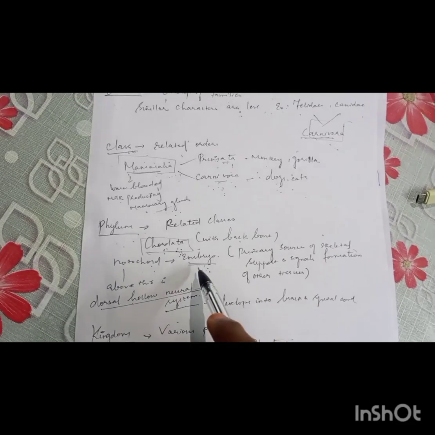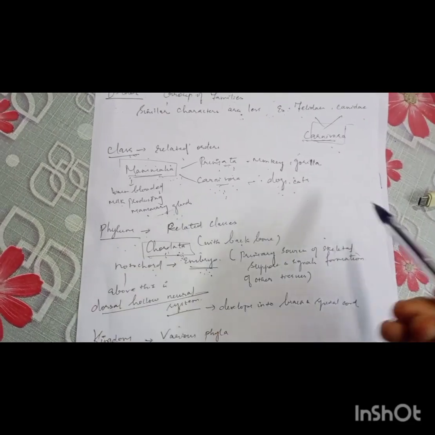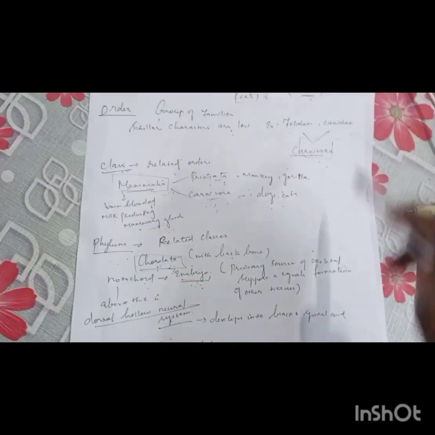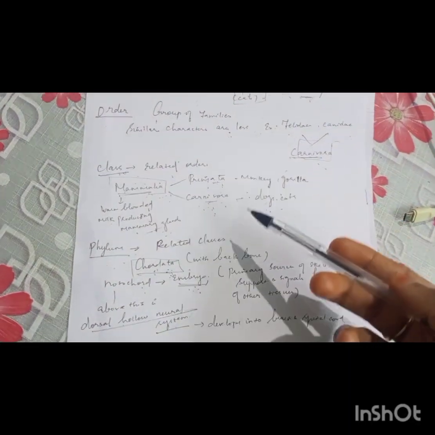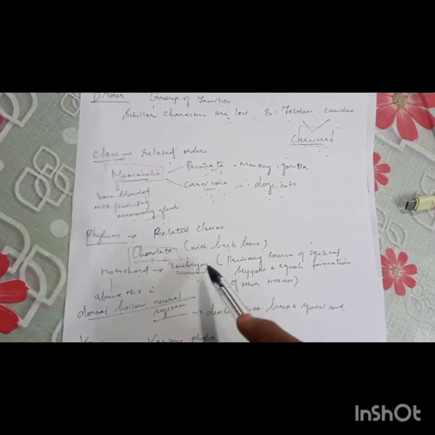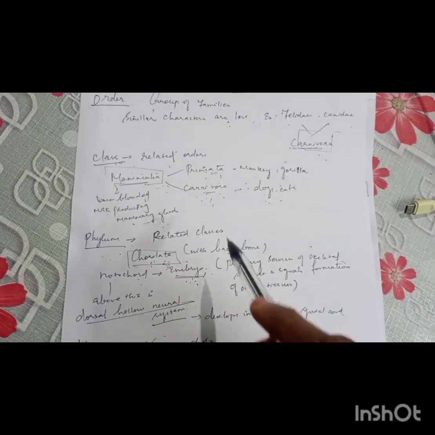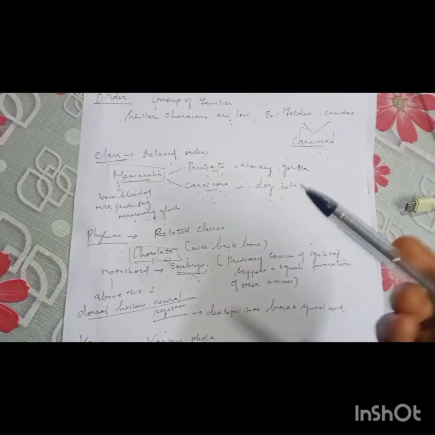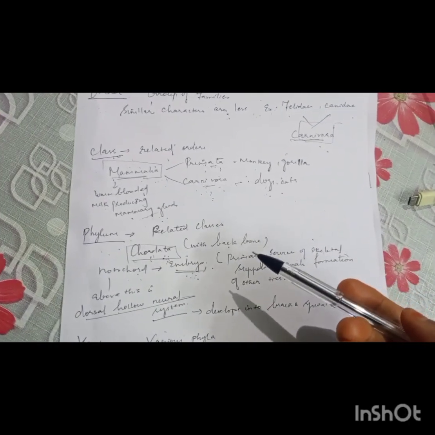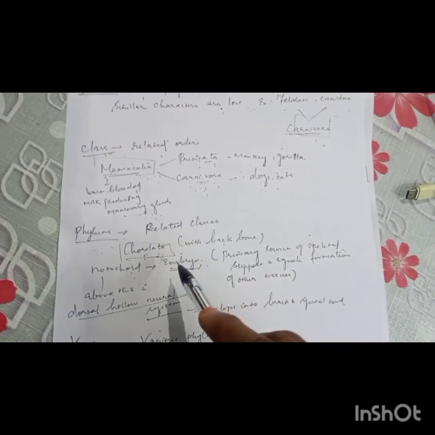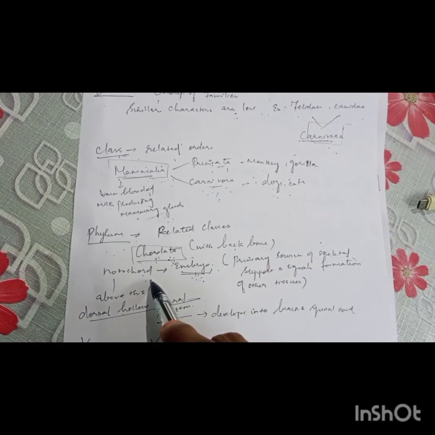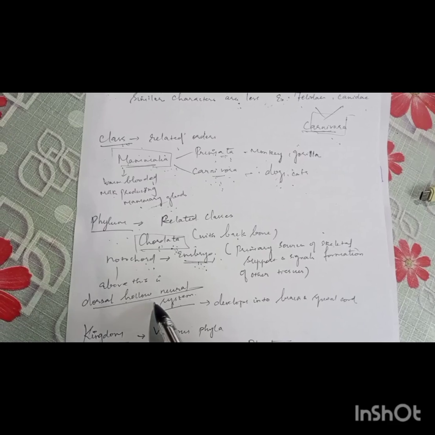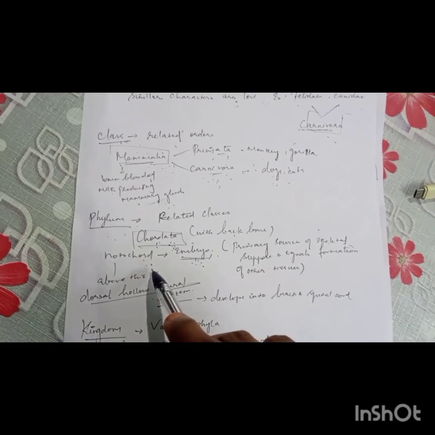Let's see what that is. When you take an embryo, that is the small one as it forms in the mother's womb, all these animals, dogs, cats, monkeys, humans, all the embryos at one particular stage will look similar. You cannot differentiate which embryo belongs to which animal or species. So in that stage they have notochord. Above this notochord is the dorsal hollow neural system. What is this notochord?